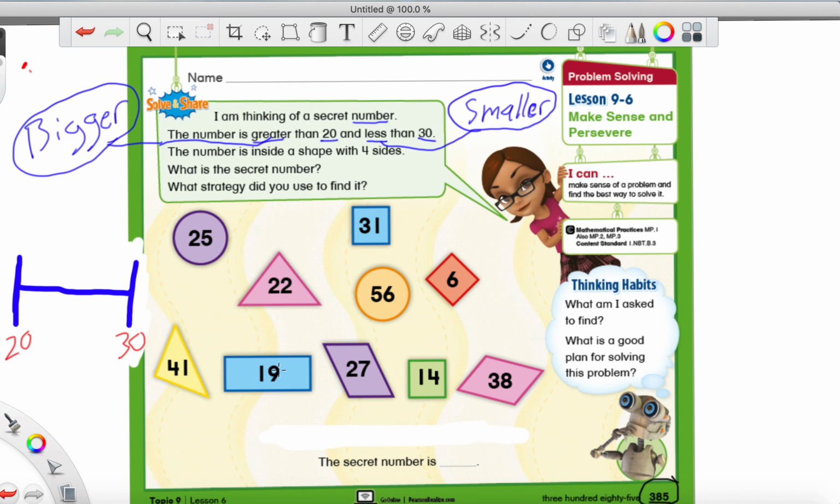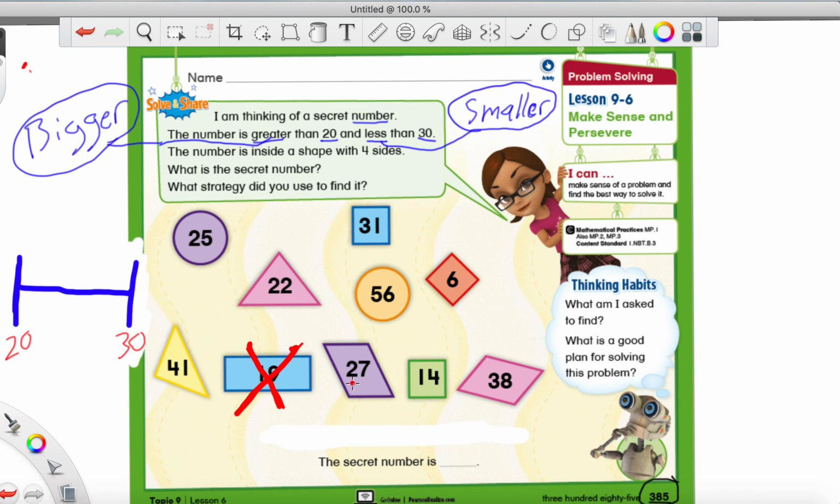Like, do you think 19 is going to be in between 20 and 30? No, it's not. So we're going to have to get rid of that one. Cross it out. There we go. And if you want to use a crayon for this, you can. Okay. So 19 was not in between 20 and 30, so we had to get rid of it.